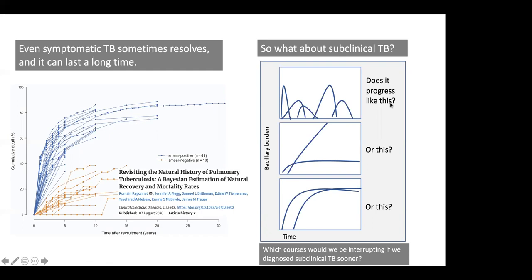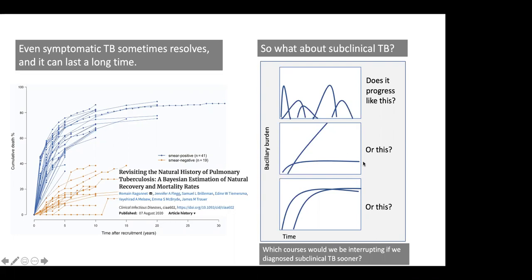For subclinical TB, I think we need to know how often it lasts for a long time. And when it does, does it remain at a paucibacillary state, or can it be highly infectious and yet asymptomatic for a long period of time? So are we having these short blips, with lots of different people experiencing short periods of subclinical TB and then resolving?